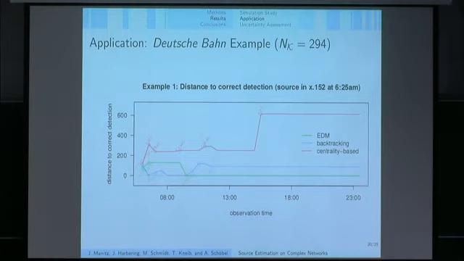And we can see the backtracking method in blue, and we can see on the y-axis the distance to the correct detection. So backtracking in the beginning does quite fine. It finds pretty soon, like half an hour after the damage report, the actual origin, and then stays in the area and estimates a station in the area, but then vanishes away and estimates a station 100 kilometers away.